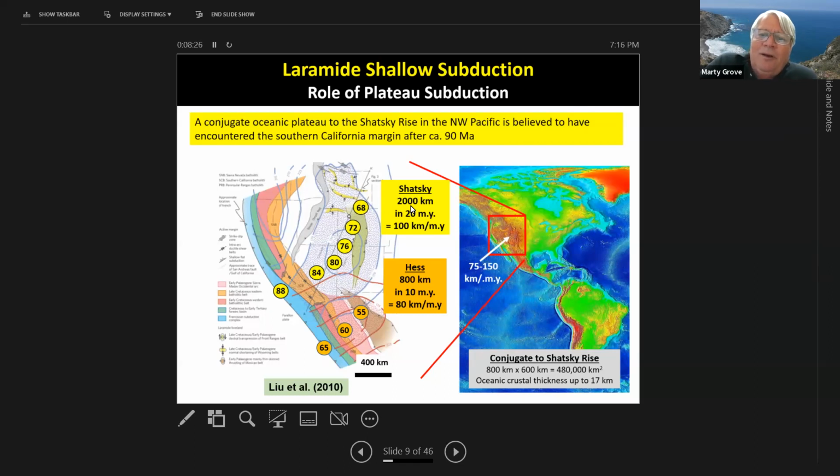And so this represents approximately 2,000 kilometers of underflow in 20 million years, or on the order of 100 kilometers per million years.